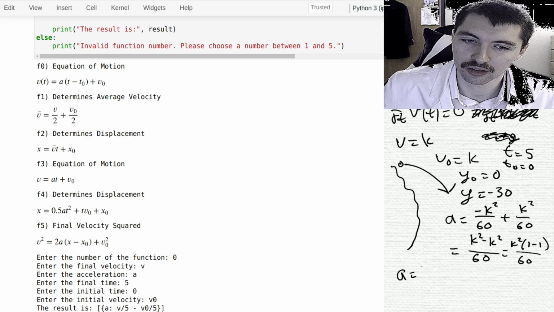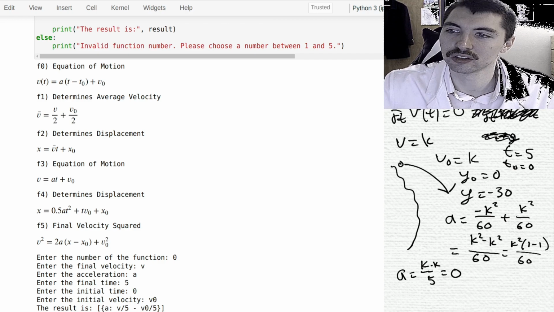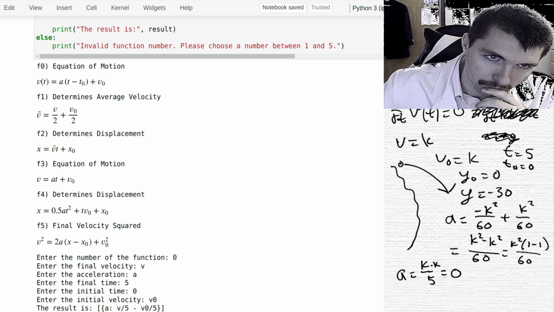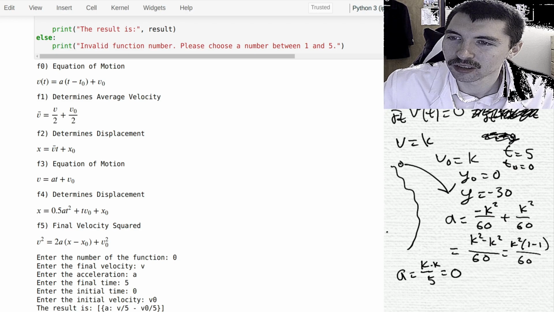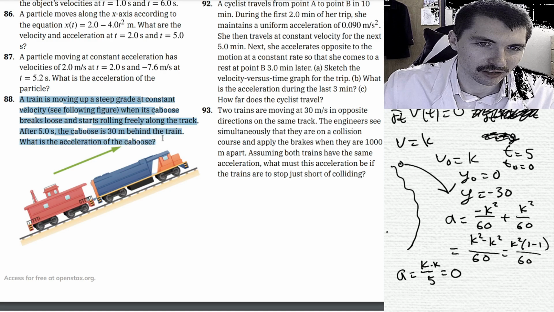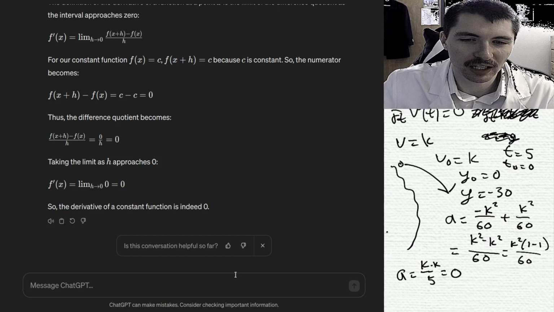We are also getting a constant acceleration. So I know gravity has to play a role in this, but I don't know how. It should just automatically be calculated.